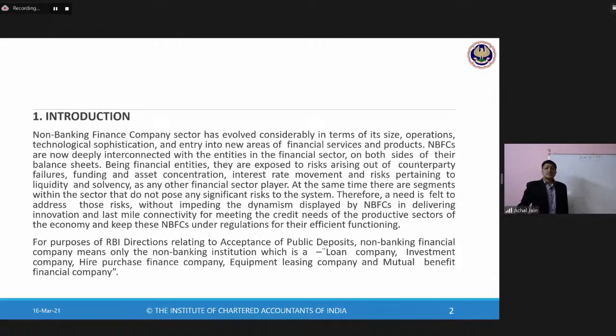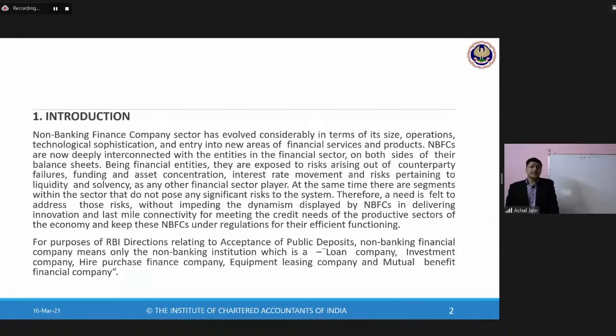So what's the business of an NBFC? In simple terms, we'll also get into the details of the meaning of NBFC. In simple terms, we can say that NBFCs are supporting the banks, or you can say they are also playing to a certain extent the role which the banks are playing.